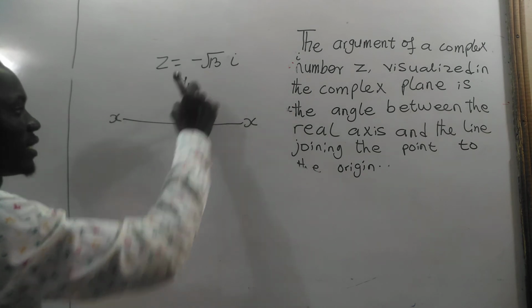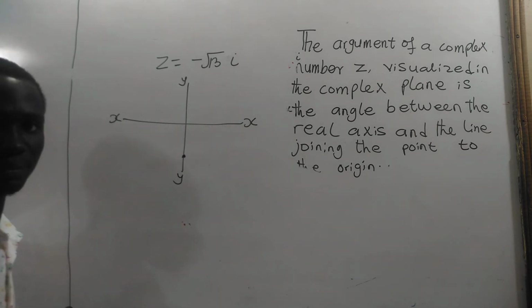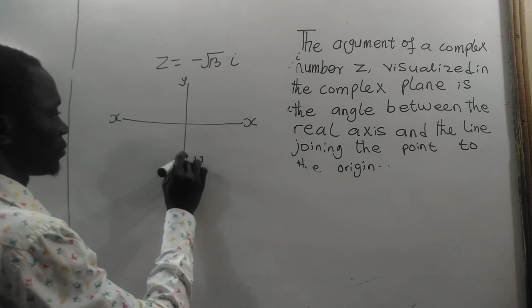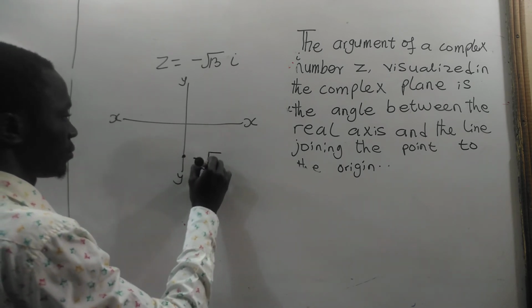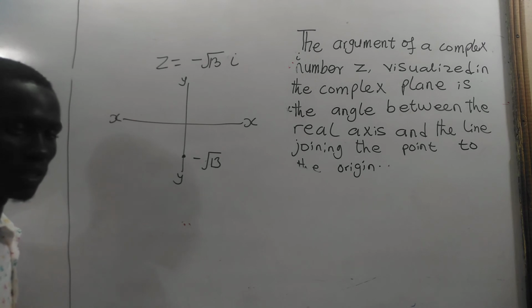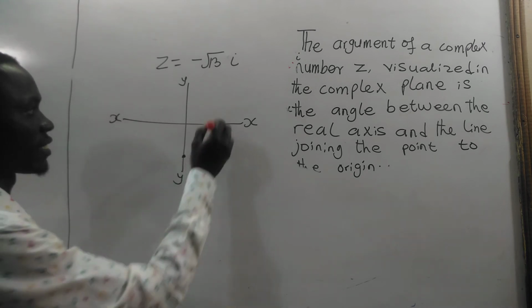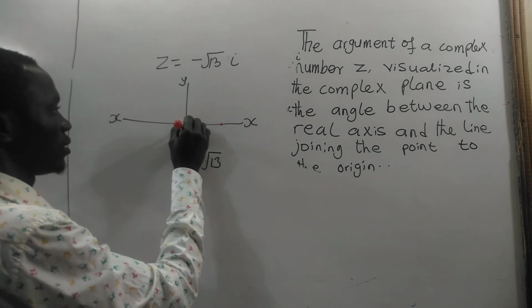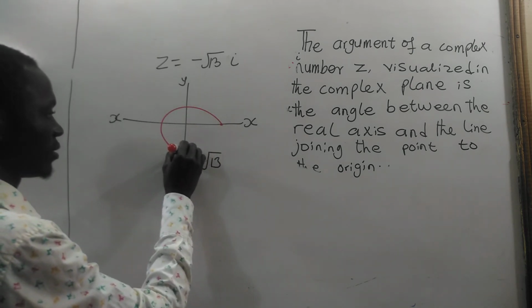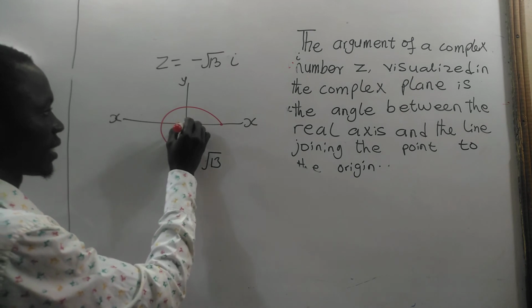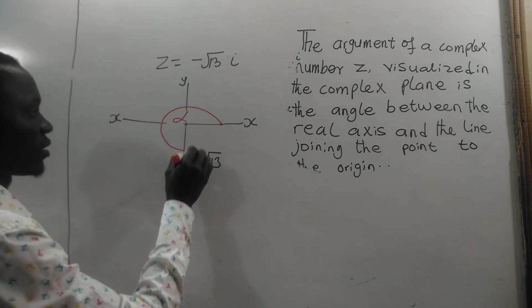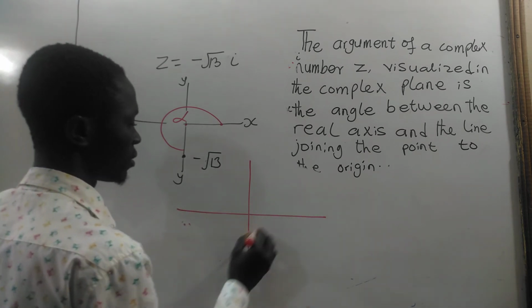So negative root 13i will lie here. So what do we do? We said that the argument of z is the angle between the positive real axis and the line joining z and the center. So you want this angle, alpha.